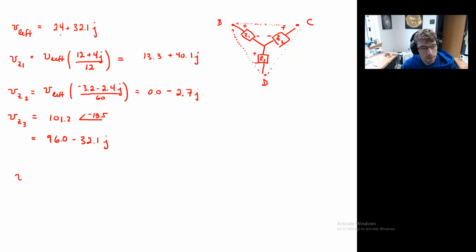So if we want the potential drop from B to D, that is the potential drop across Z1 plus the potential drop across Z3. And now that I have my Cartesian expression for that, we can see that it's something like 109.3 plus 8j.